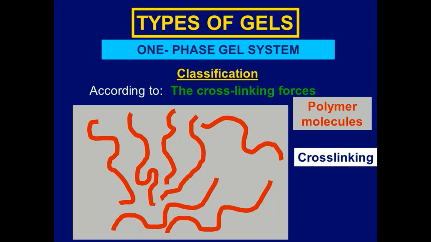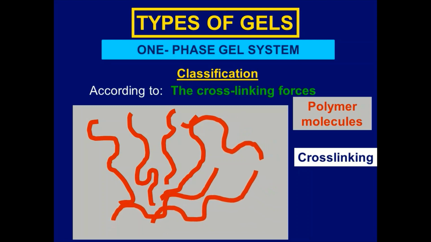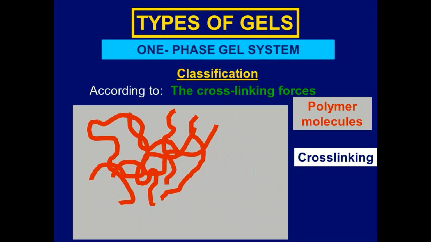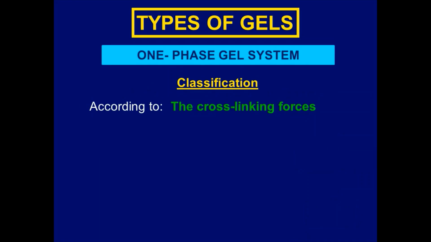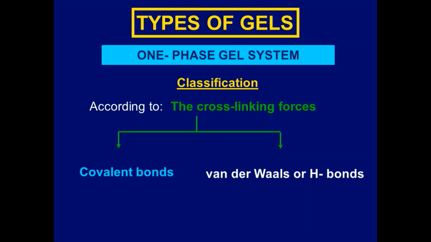The cross-linking takes place between these molecules, forming a structural network, and this network increases the viscosity of the gel. Cross-linking forces may be covalent bonds or van der Waals or hydrogen bonds. Covalent bonds are strong bonds, and van der Waals and hydrogen bonds are weak bonds.